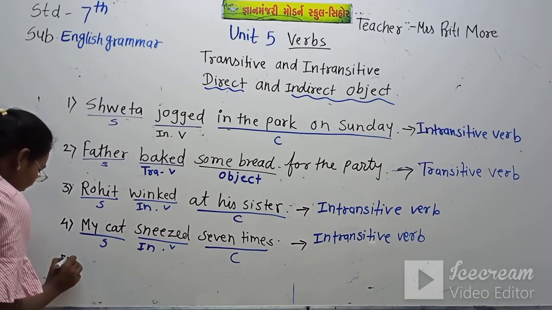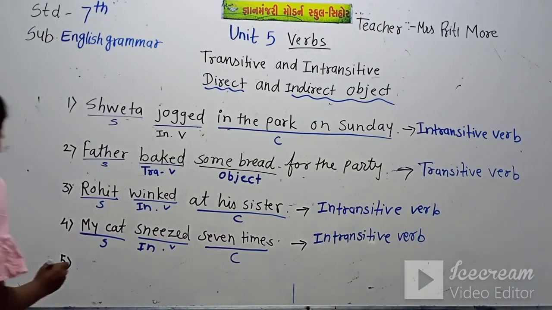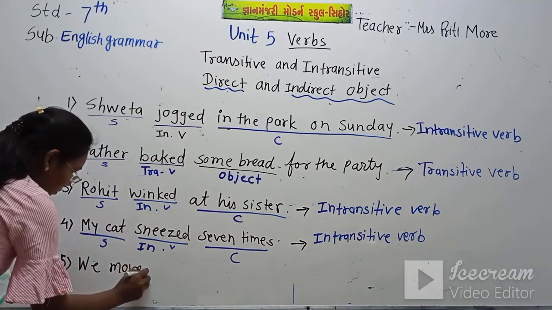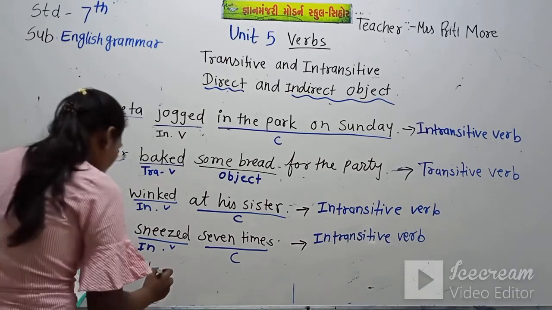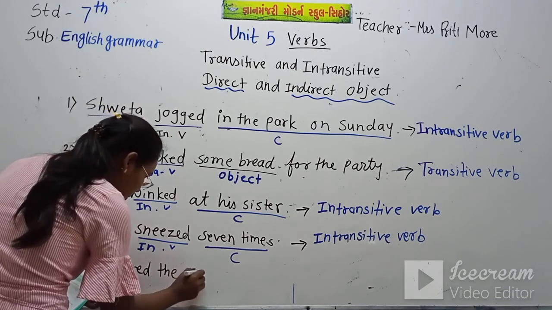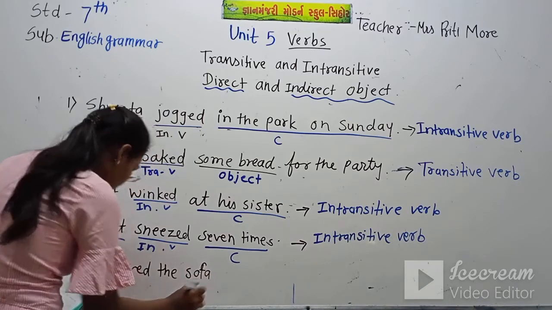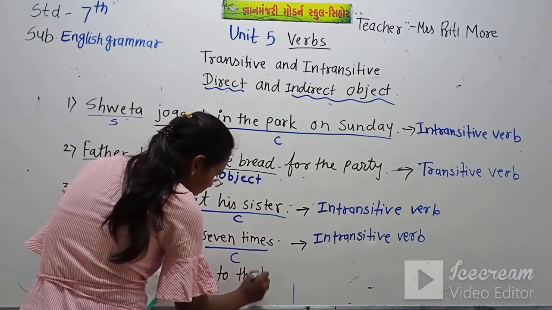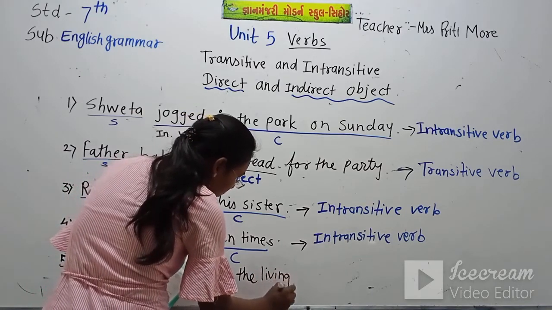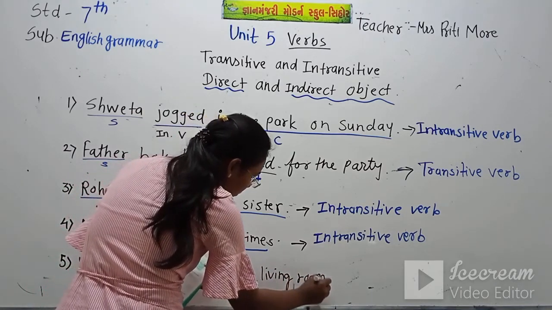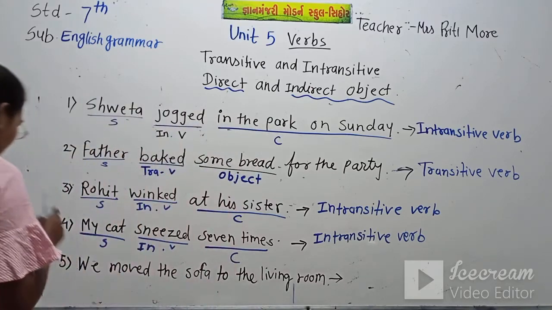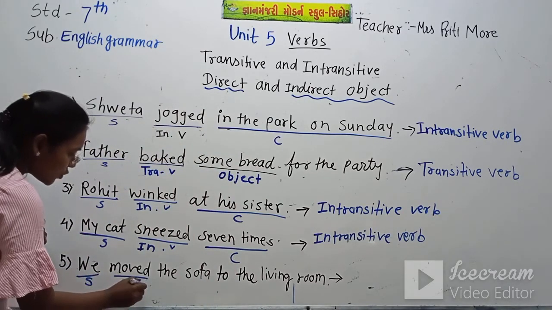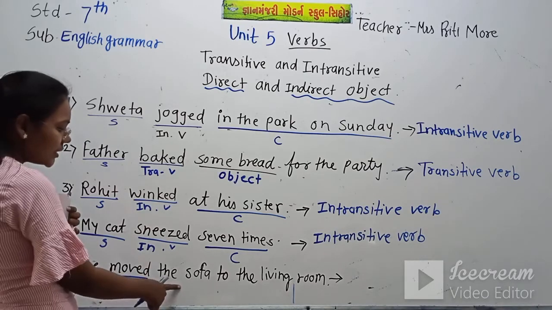Now the fifth one I write here: we moved the sofa to the living room. Here we is the subject, moved is the verb, and this verb needs an object.